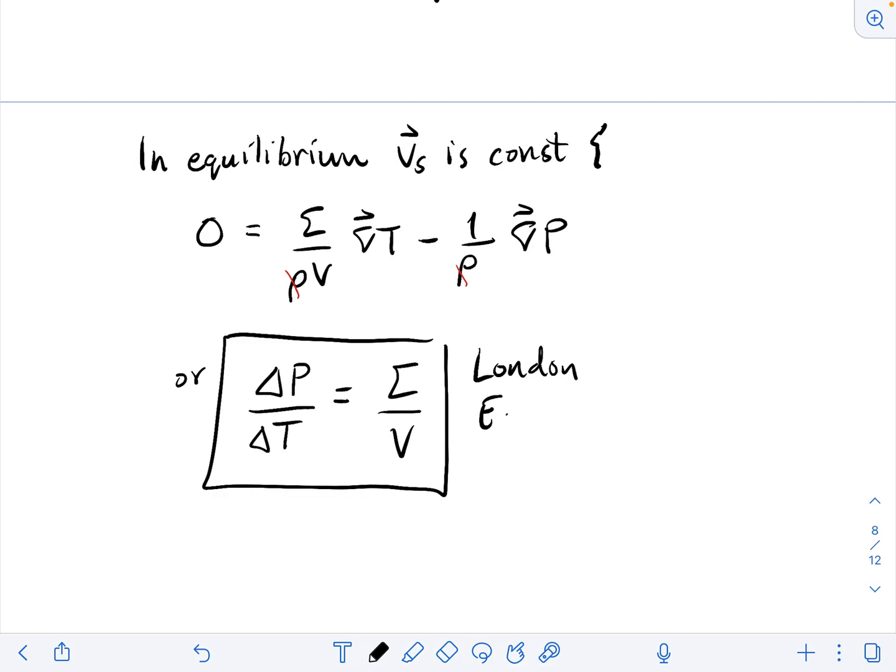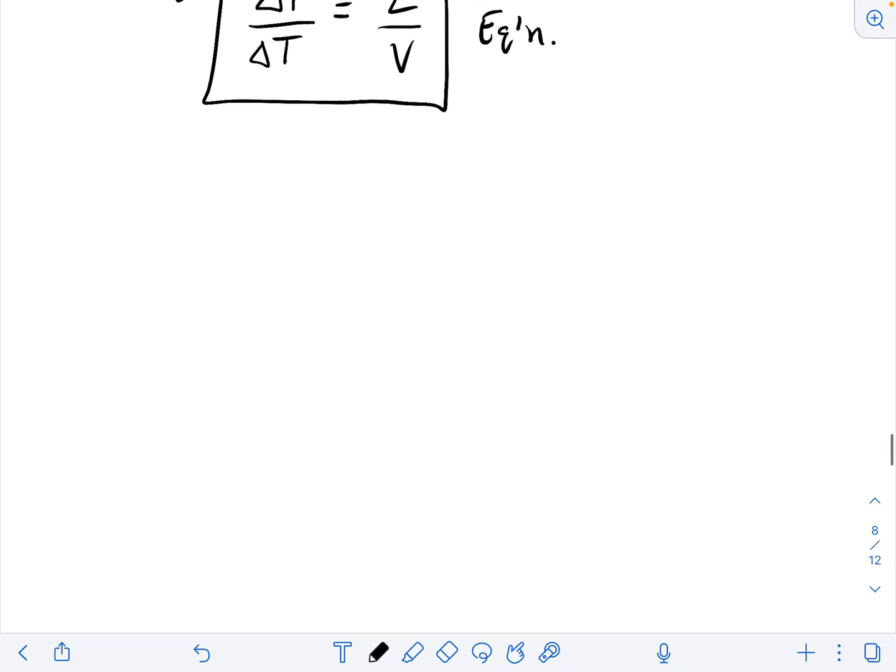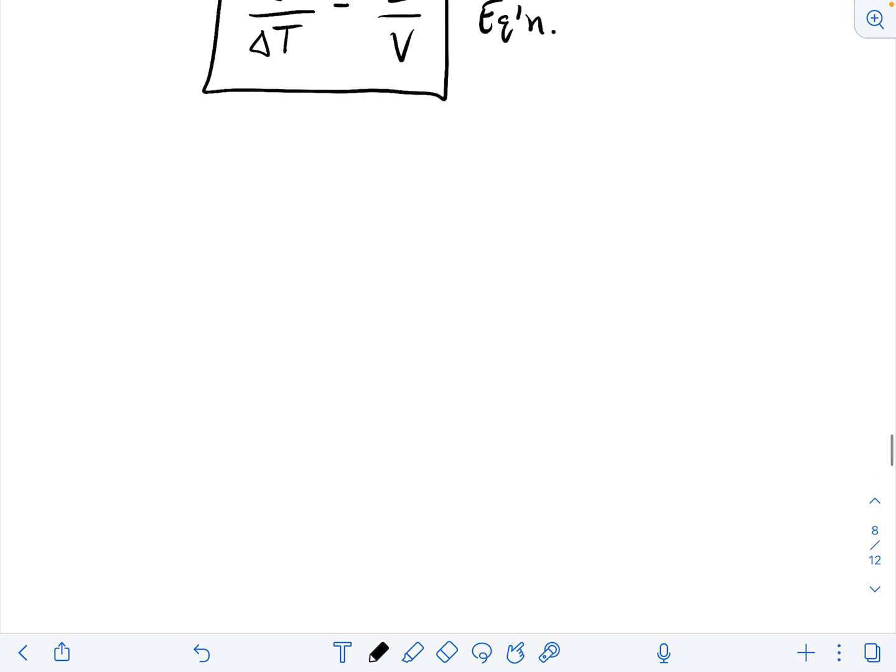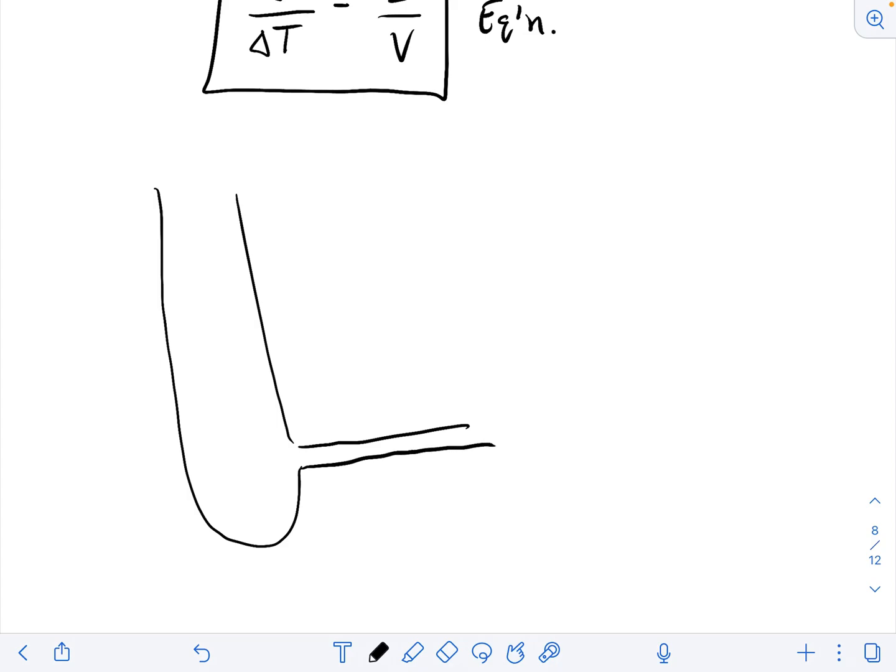Okay, so now let's think of an experimental setup here. So we're going to start with a set of parallel and linked test tubes. I want to just make them look the same as much as possible, so a little bit fatter.